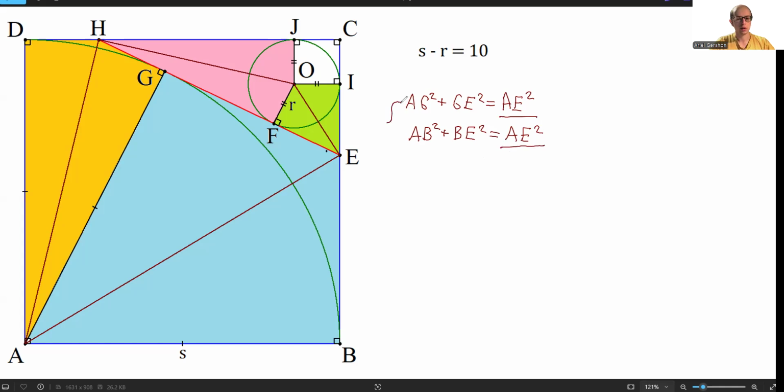That means that the left-hand sides of those two equations are equal to each other. And like I mentioned earlier, we have that AB is equal to AG. So first of all, let's combine those two equations. So we have AG squared plus GE squared equals AB squared plus BE squared. And then we can use this. So we can replace AG with AB.